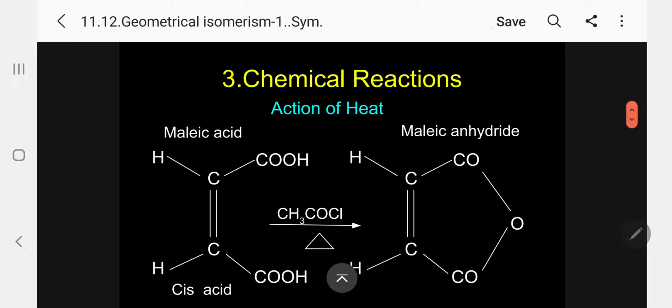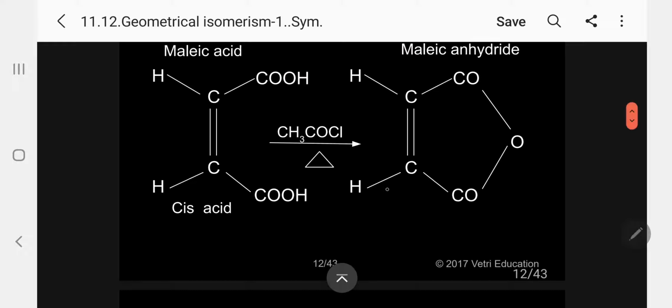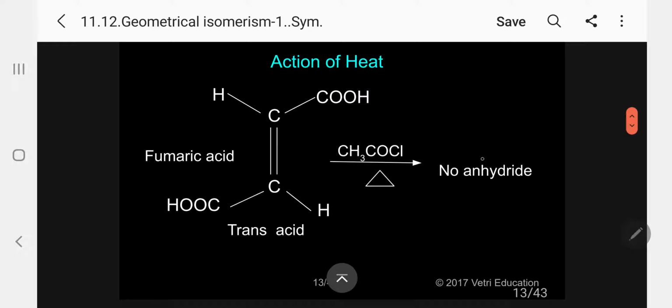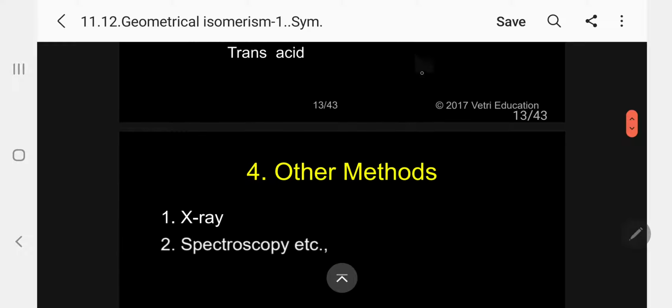Then coming to chemical reactions, under the action of heat, the cis acid, maleic acid, immediately forms maleic anhydride, whereas the trans isomer will not form maleic anhydride. So whichever forms the anhydride is cis. Kindly follow, no anhydride formation in the case of trans isomer. So very easily, by chemical reaction we can differentiate.